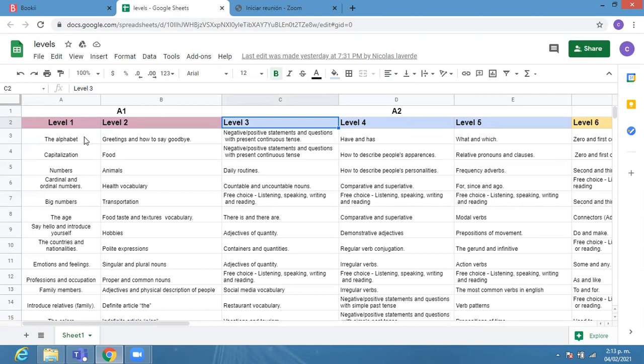Because this is really important for Bookii that students feel safe learning, but also so important for us. Please make sure you let students know which is the level they are going to be enrolled.